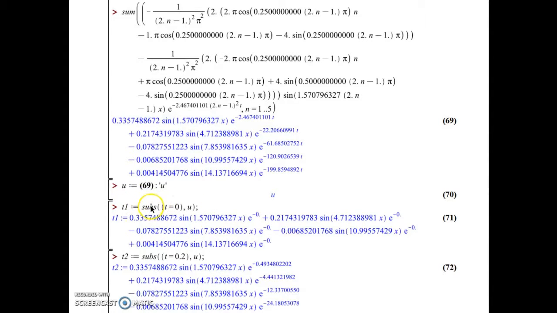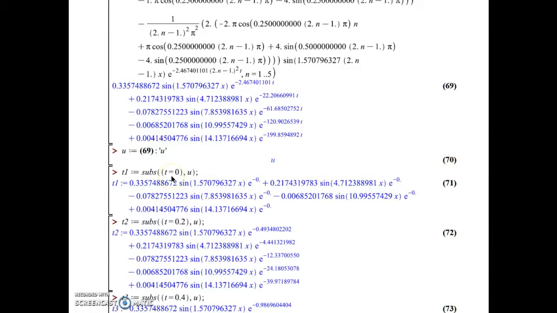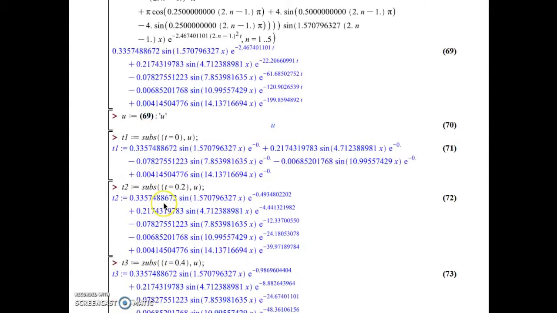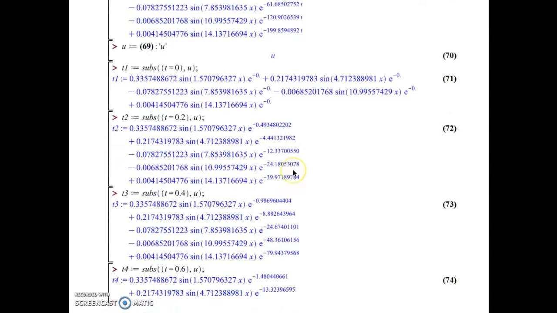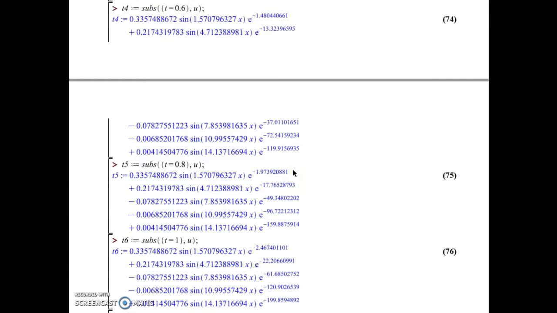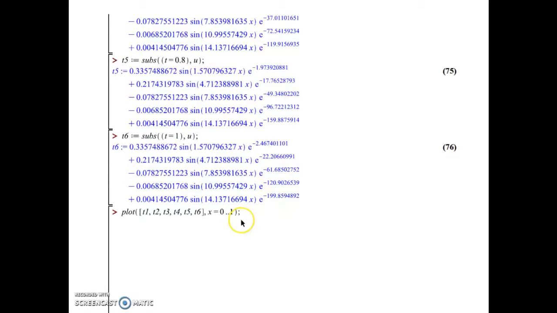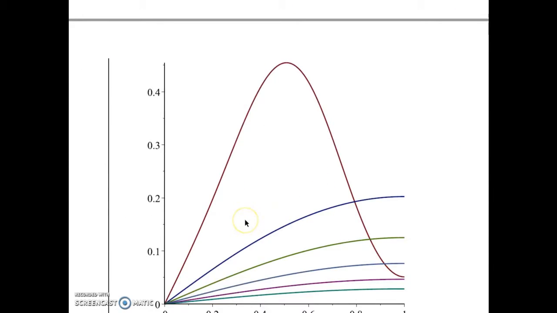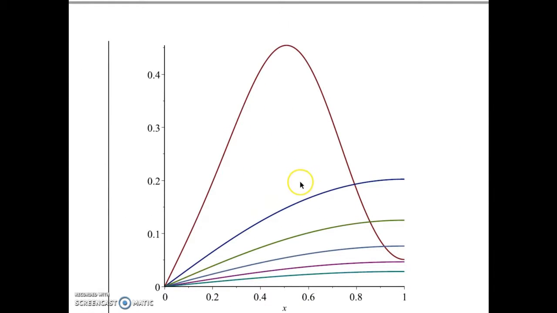As we substitute t equal to 0, we'll get this set of values. Then we substitute 0.2 into this, and we'll get this value. Correspondingly, we'll get all 6 values and plot them into a graph, which looks like this.